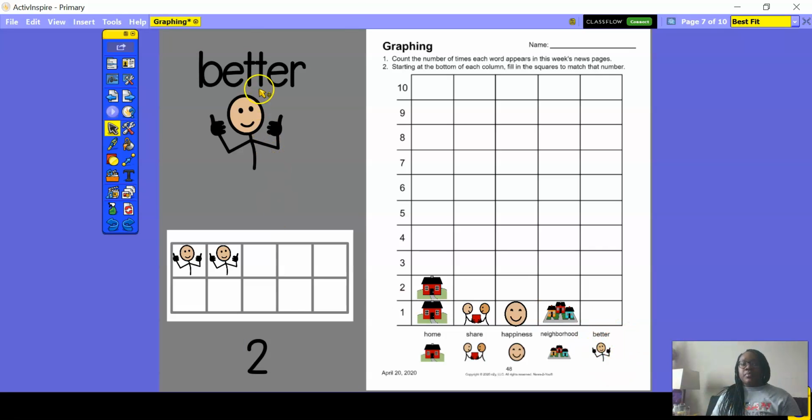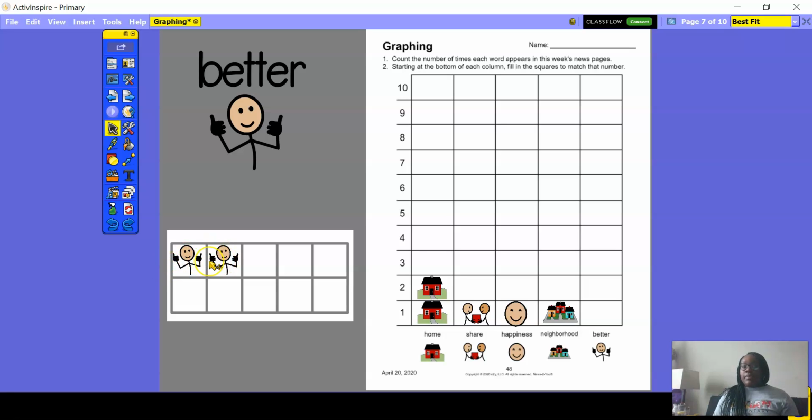All right. And here is better. It's blown up just so that you can see it for visual purposes. All right, so let's look at our ten frame. So let's say this number wasn't even there. Let's look at our ten frame and let's count the pictures that are in our ten frame. You're going to touch and count with me. 1, 2.